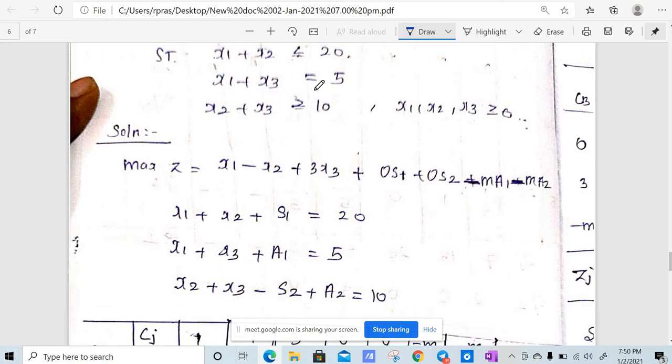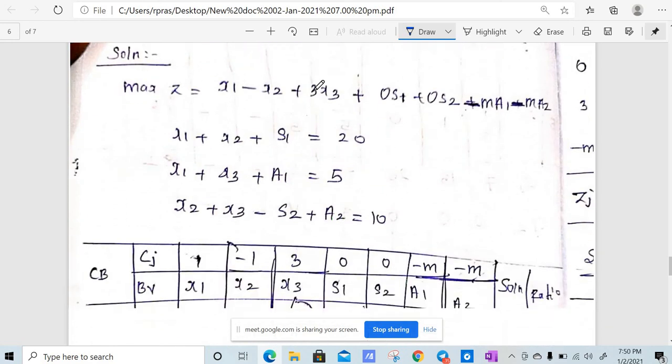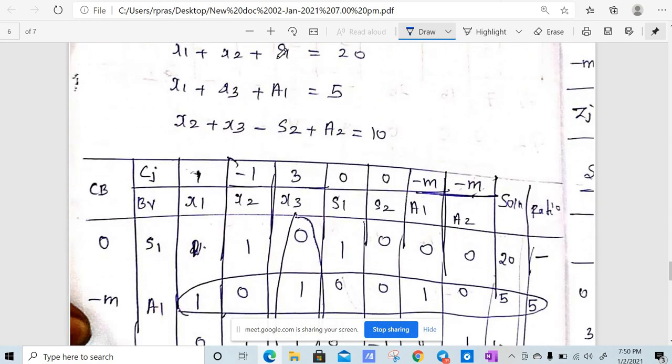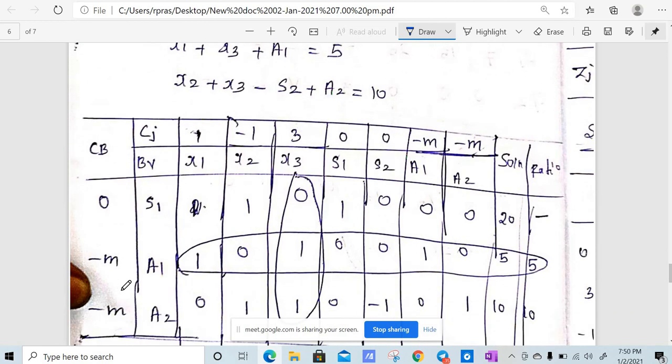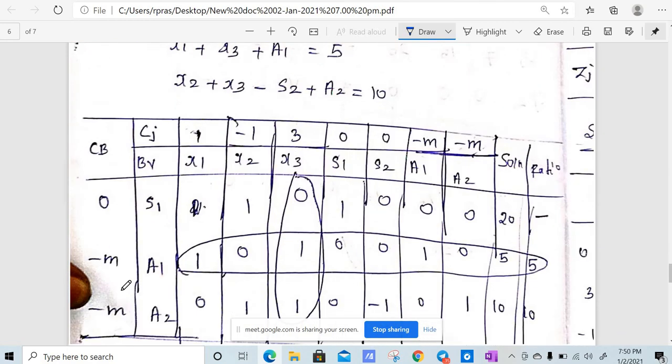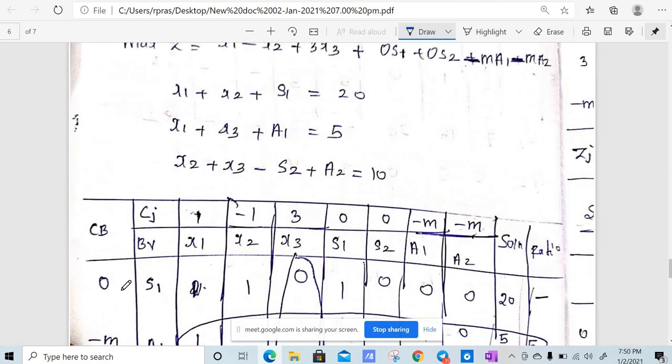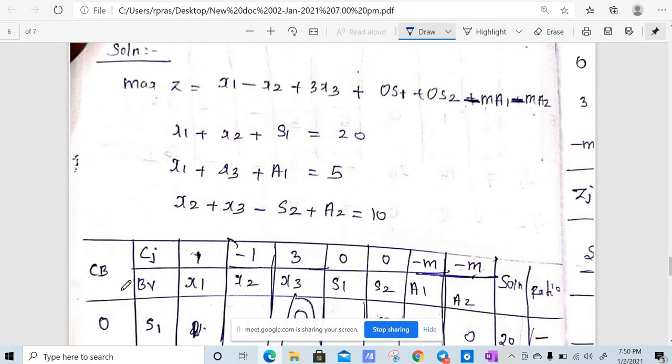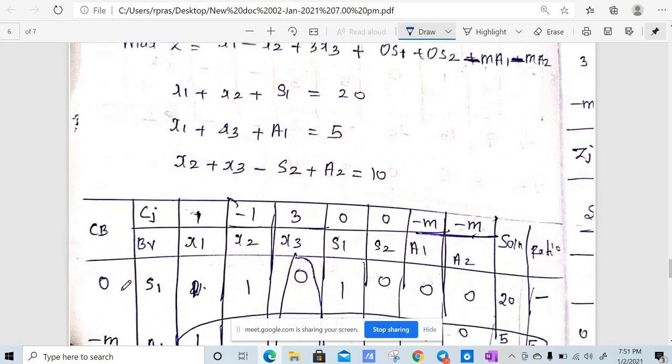And now since it is a maximization problem, you should also add the artificial variables. So I am going to add s1, a1, and a2, right? s1, a1, minus s2 plus a2.